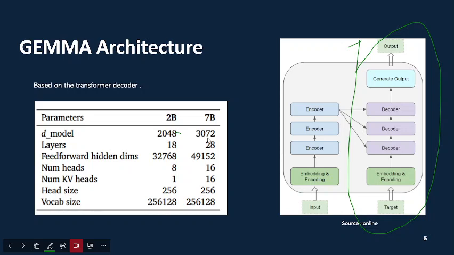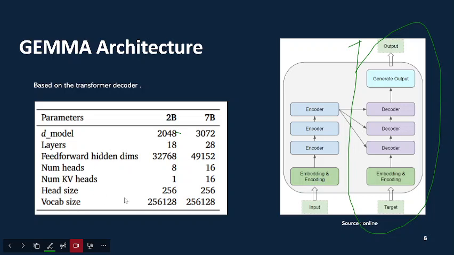As we fine tune the Gemma 2 billion instruction model, we focus on that. Also, we can see the layers of the model, a layer meaning the number of decoders. There are 18, and the 7 billion parameter model has 28.